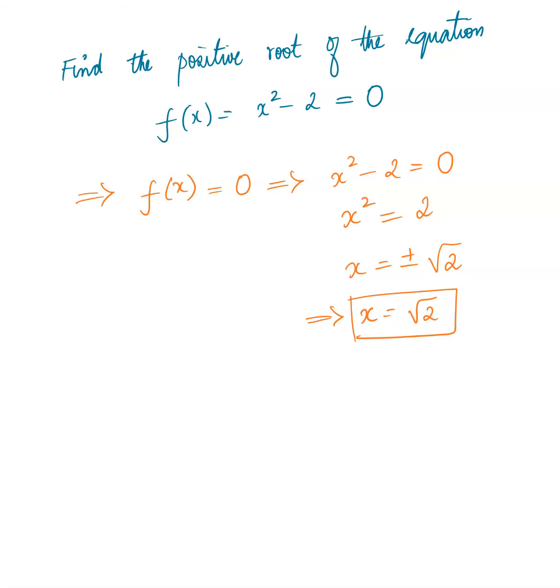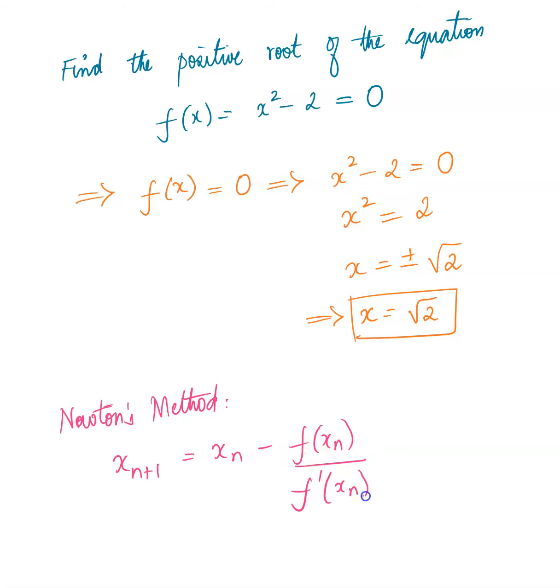So let's begin by first taking the Newton's method formula, which said xn plus 1 equals xn minus f of xn over f prime of xn.